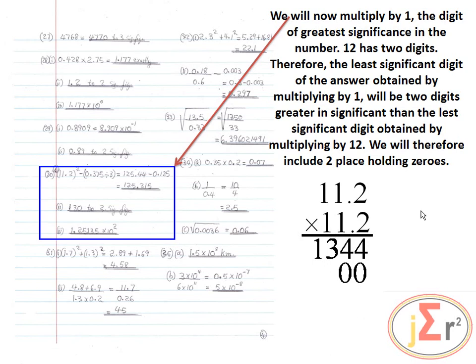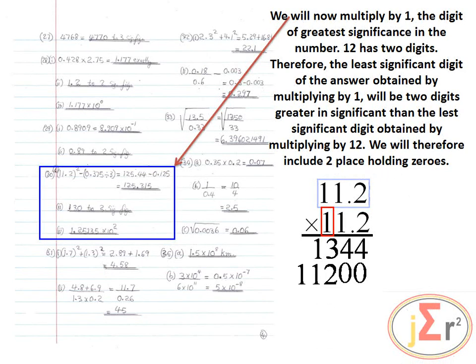Those 2 placeholding zeros are there to give us a visual indication that we need to begin 2 significant figures to the left, or in the position 2 digits greater in significance from where we started the first answer. Then let's go. 1 multiplied by any number is that same number. That's all there is to it.